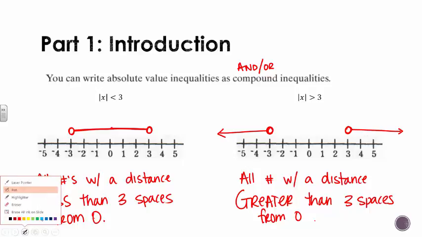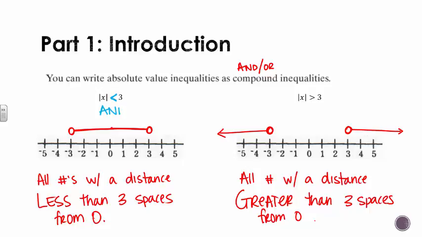So if we look at this, we can make some conclusions. Anytime you have a less than symbol, it's an "and" inequality, and it's going to be stuff in between because you want the distance to be less than something. If you have a greater than symbol, it's going to be "or", and it's going to go out like this.